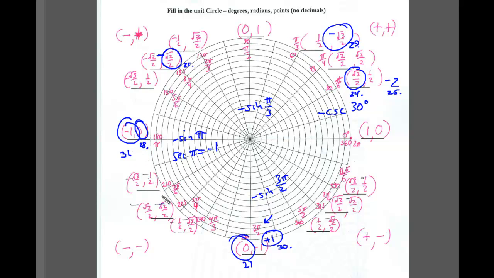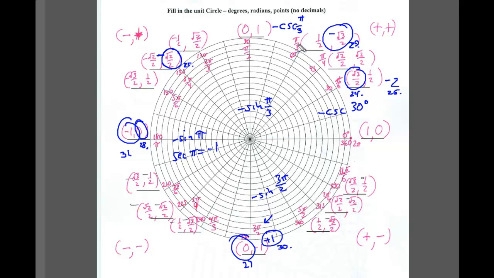Then finally, to end the problem set, for number 32, the cosecant of negative pi over 3 is the same thing as negative cosecant of pi over 3. And if you take a look, pi over 3 is up here, so I'm going to put negative cosecant pi over 3.